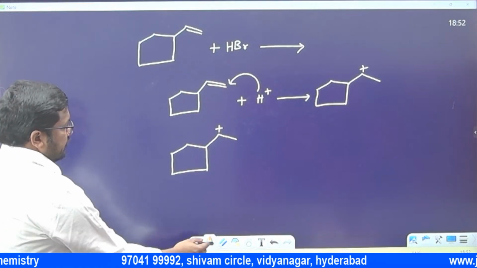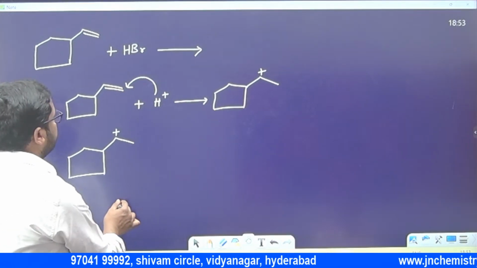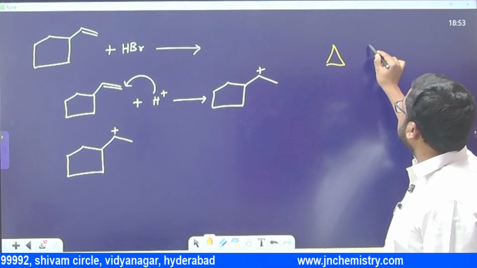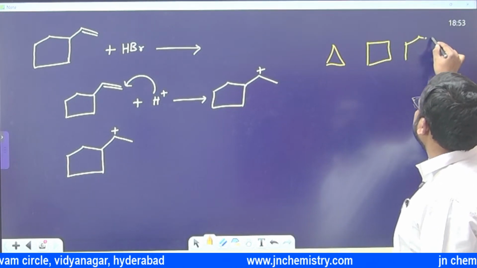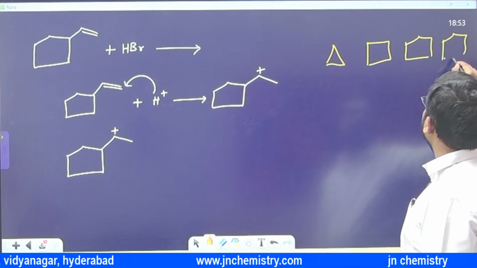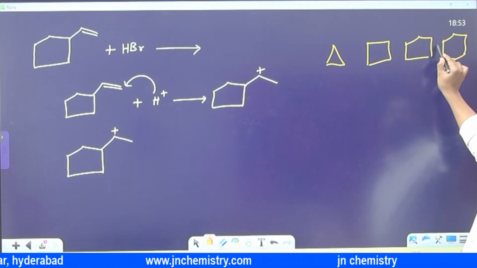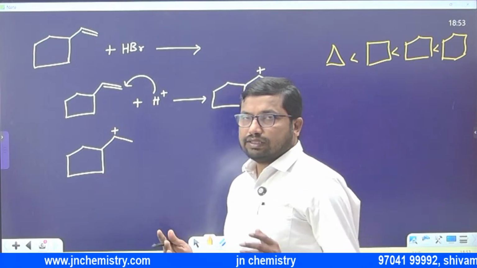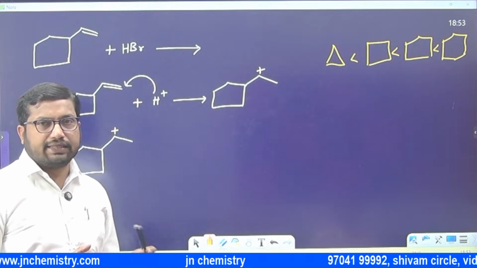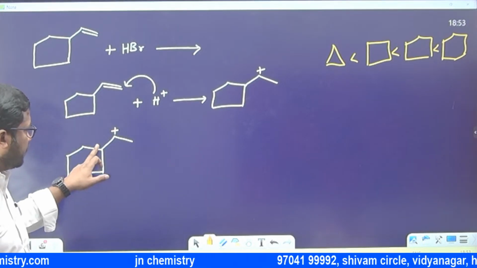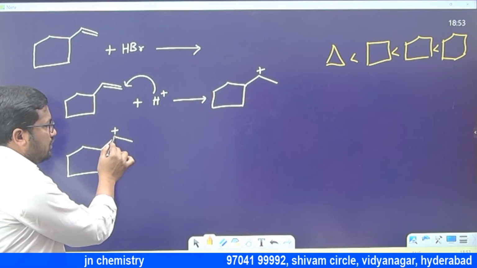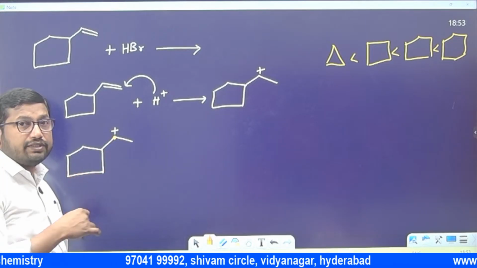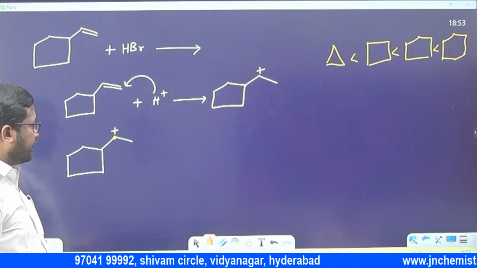Generally, cyclohexane is more stable, because it is in chair form, so fewer repulsions are there. Whenever the outside carbon has the positive charge, ring expansion takes place. This 5-membered ring will become a 6-membered ring to get stability.